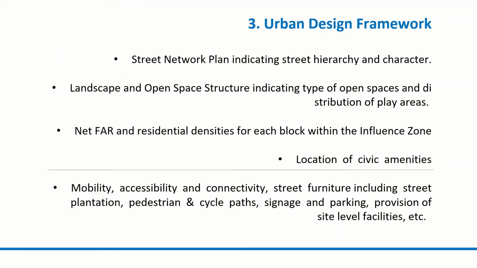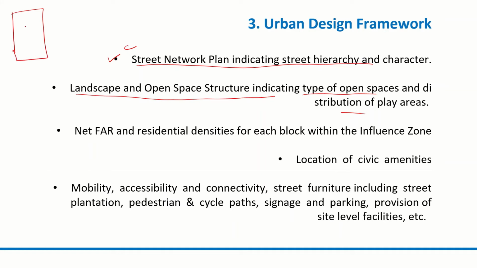So I put something. One of the primary things that we can do is a street network plan indicating street hierarchy, that anyway we are doing. Landscape and open space structure indicating types of open space and so on and so forth, distribution across the study area. Maybe this will help in coming out with specific interventions in and around the open space.